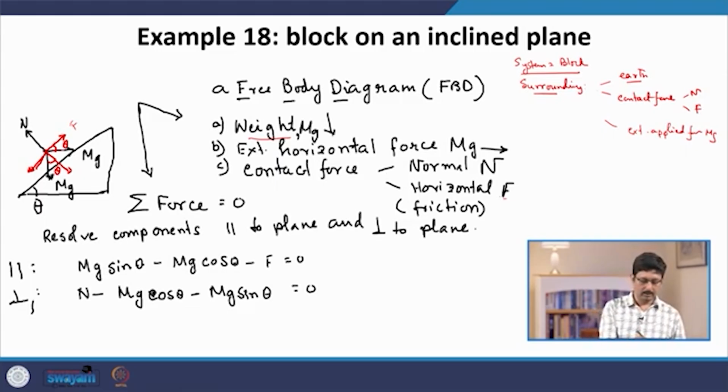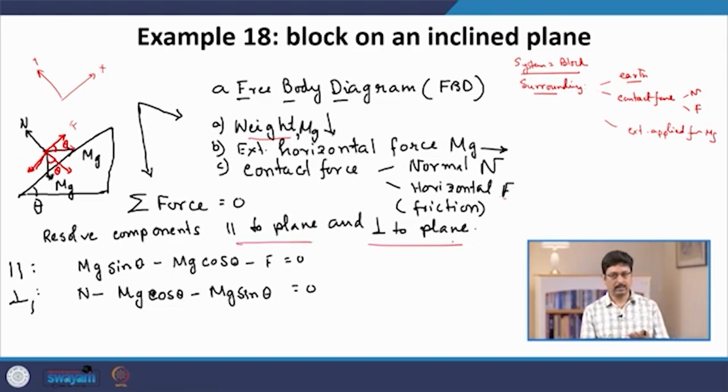And then this represents the external applied force mg. In this case our coordinate system is such that we represent the direction parallel to the surface as the x axis and perpendicular to the inclined plane as the y axis, and we resolve the components of forces parallel and perpendicular to the plane, as is the easiest and most natural, as you already know.